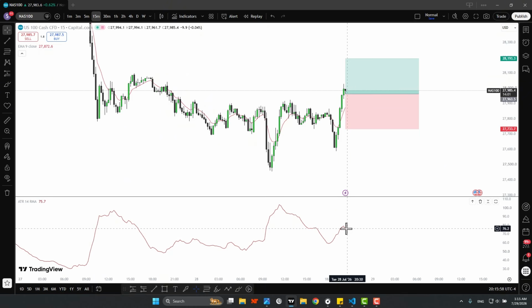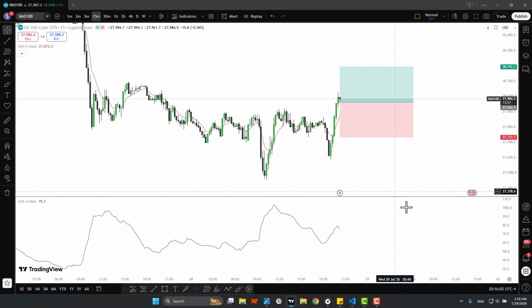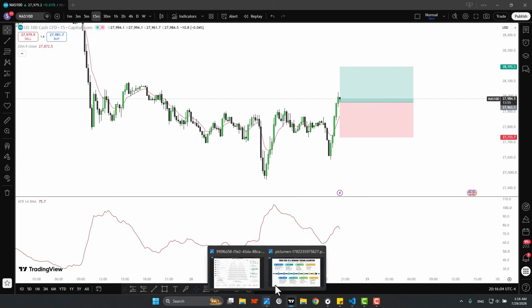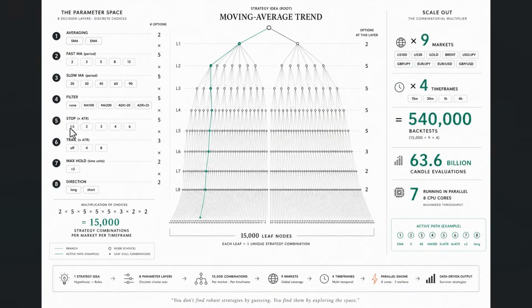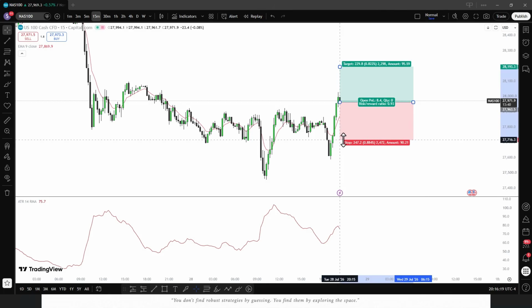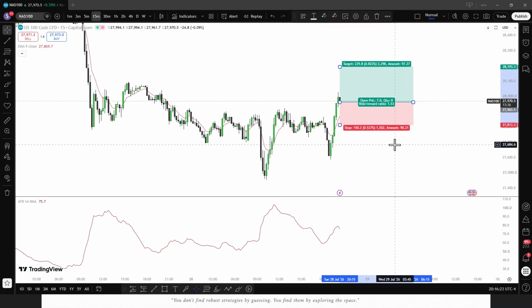For example, on this it is 76, let's say 75. So if we go back to the picture, if we use a stop of 2 ATR, that's going to give us basically 150. So the stop loss is going to be right here.